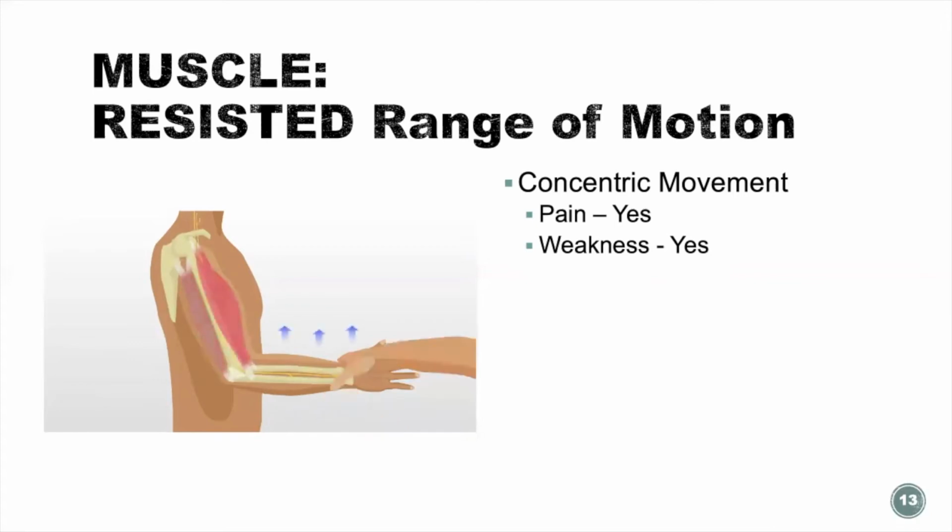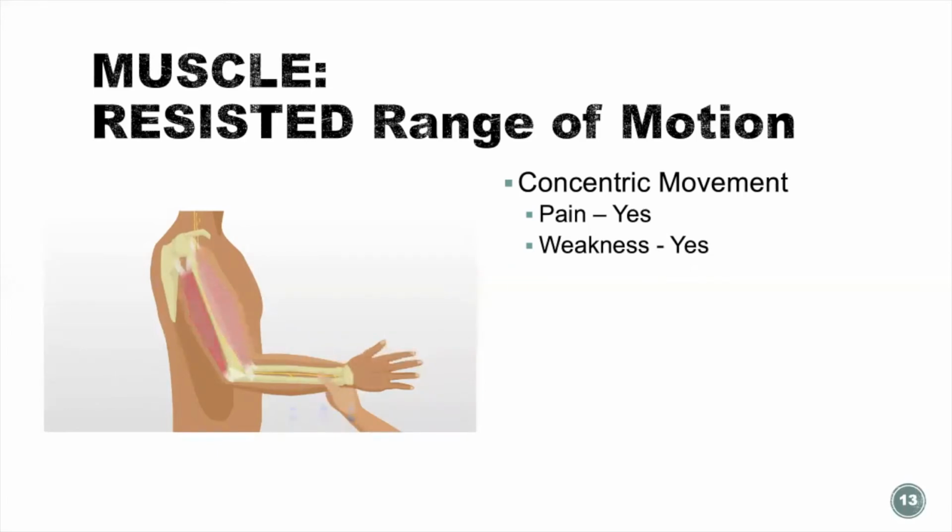But on the reverse side, on the extension, we would not be experiencing that, only when it is in the concentric motion, trying to prevent that concentric motion. So both pain and weakness on our concentric movements on muscle resisted range of motion.